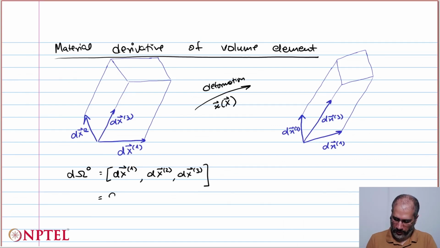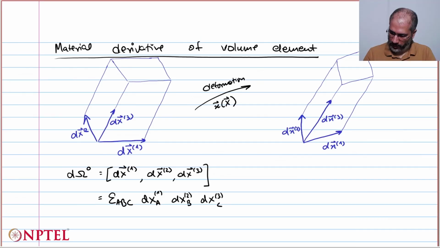And in the initial notation I can write this as epsilon abc d capital X 1a, d capital X 2b, and d capital X 3c. And similarly, in the deformed configuration, the volume can be written as epsilon ijk d small x1i, d small x2j, and d small x3k.